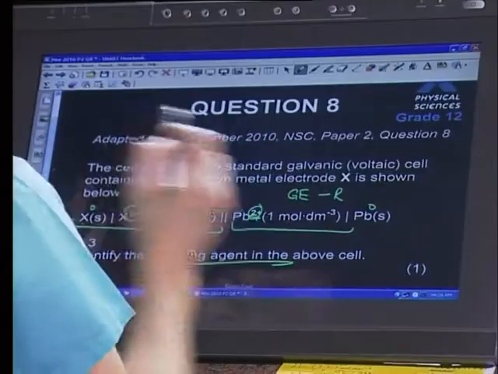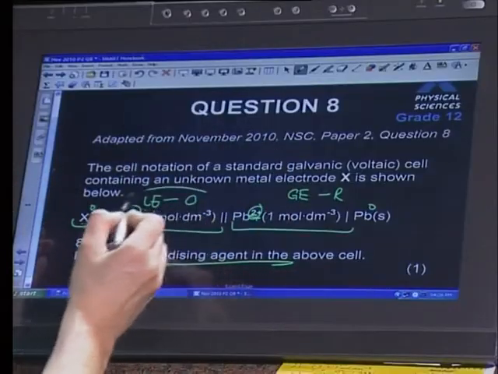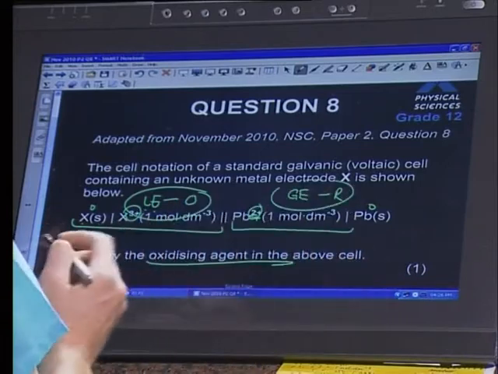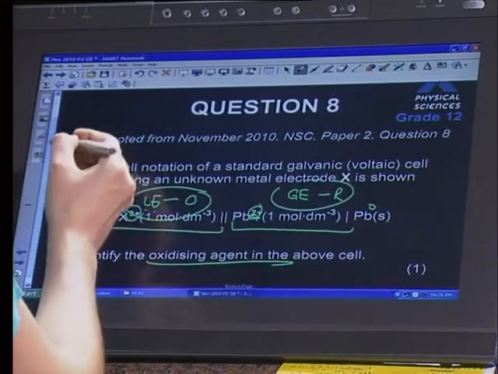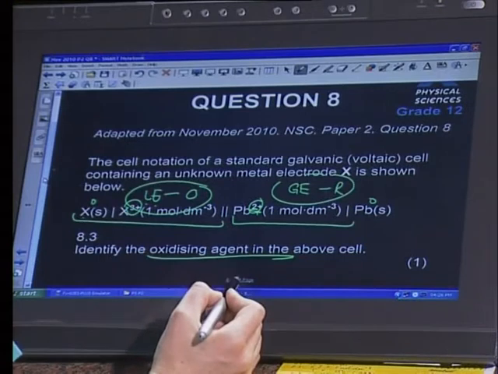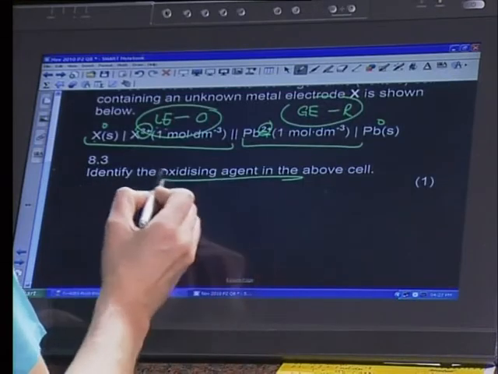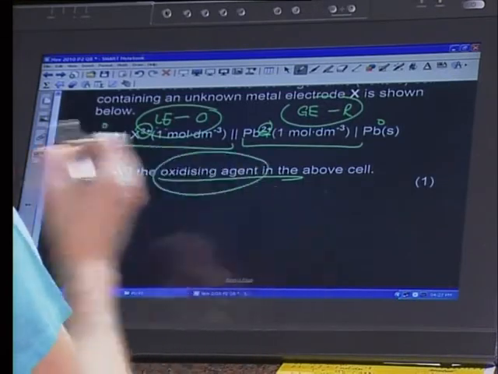On this side, it went from a positive +2 to a 0 oxidation number, which tells us that we gained electrons. And when electrons are gained, it becomes reduced. So that's where I get my LEO says GER from, that acronym that I use over here. So if I now bring it into the question, it asks us to identify the oxidizing agent.